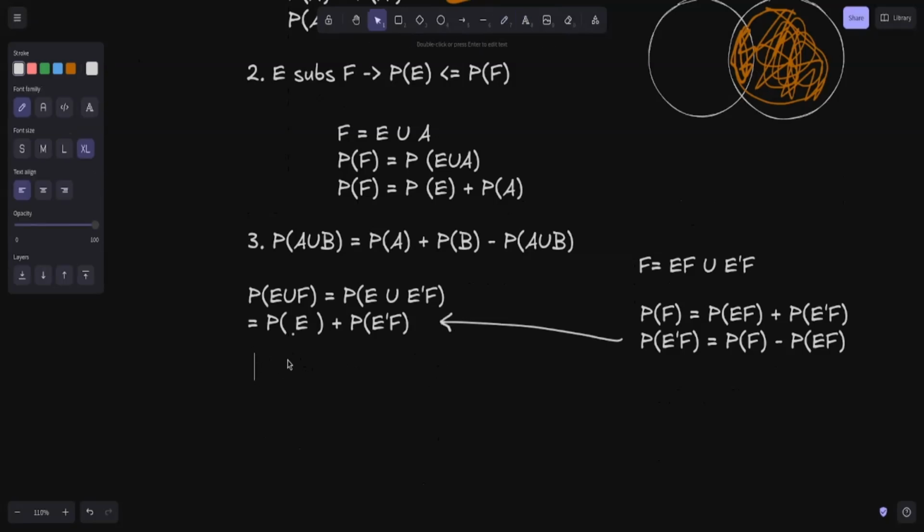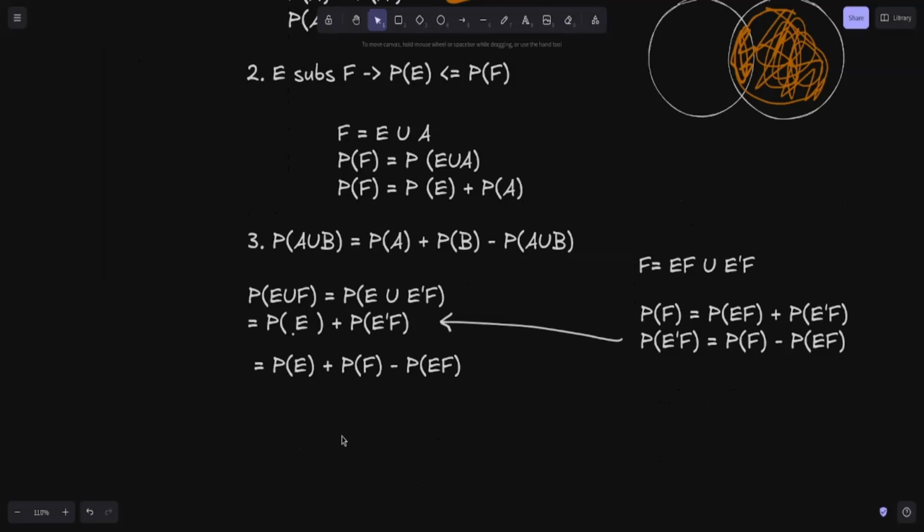So now this becomes P of E plus P of F minus P of EF. We proved the formula. This is a very simple proof. You can also do it by drawing Venn diagrams and everything, but this is a more fun way to solve it.